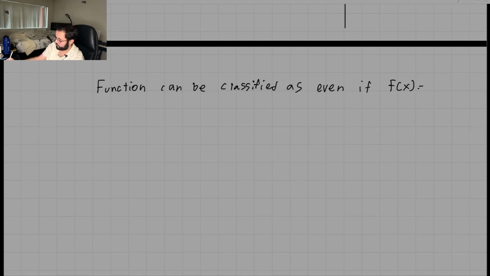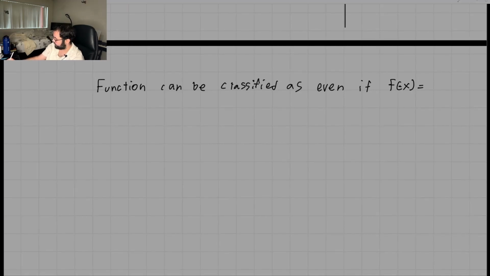So a function can be classified as even if f of negative x, this is a negative sign, if you couldn't tell, is equal to f of x.